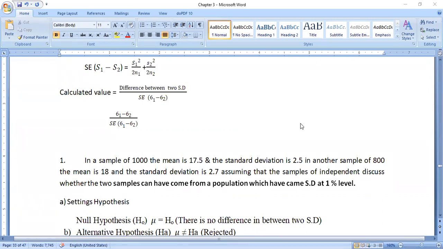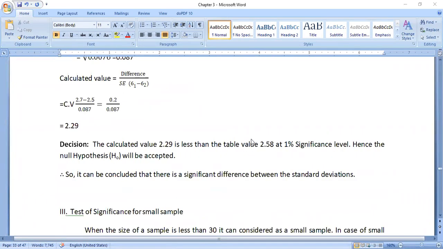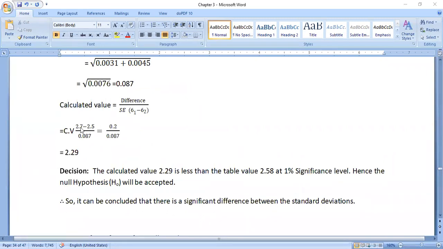Take these values: 2.7 minus 2.5, that is 0.2, divided by 0.087. Finally your answer is 2.29.